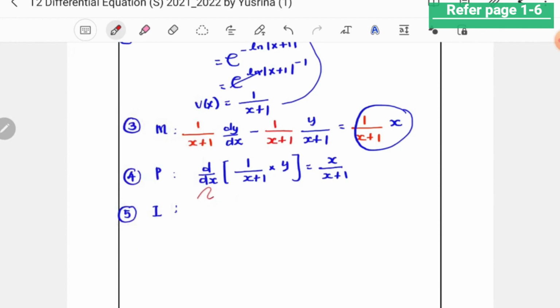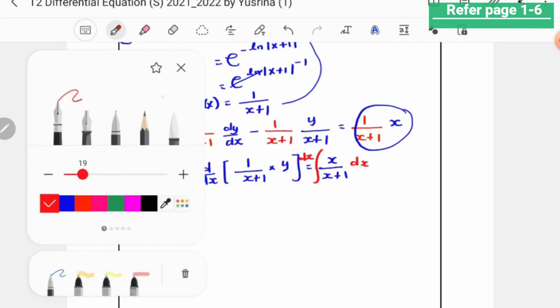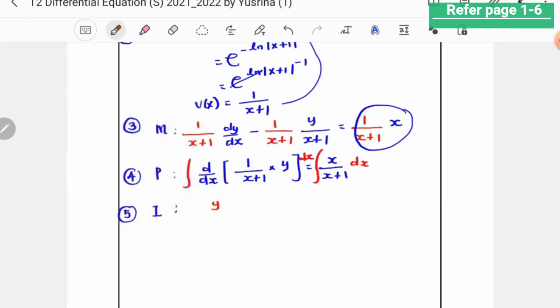On the left hand side, integrate and differentiate, we get y over (x plus 1). This equals the integral of x over (x plus 1) dx.